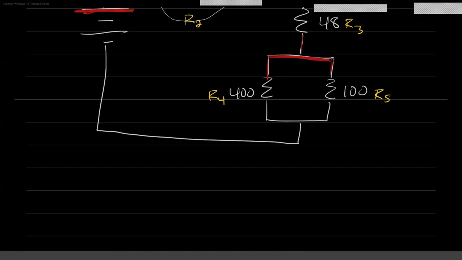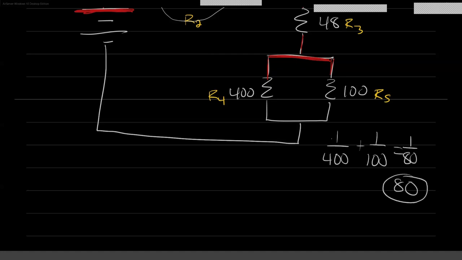So 1 over 400 ohms plus 1 over 100 ohms gets you, what is that? 5 over 400, so I shouldn't do it in my head. 1 over 400 plus 1 over 100, 1 over 80. So the inverse of 1 over 80 is just 80.